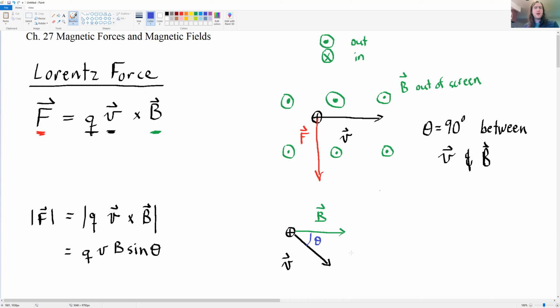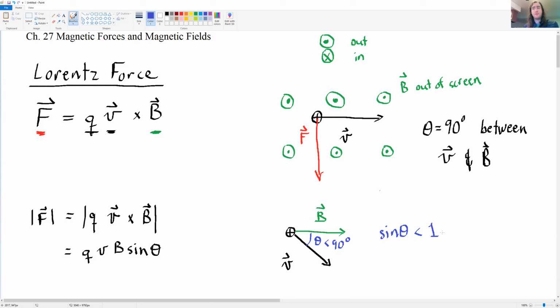Making an angle theta with respect to each other, and it's not 90 degrees. And so in this case, the sine of theta would be less than 1. And so there wouldn't be as big of a magnetic force on this charged particle.